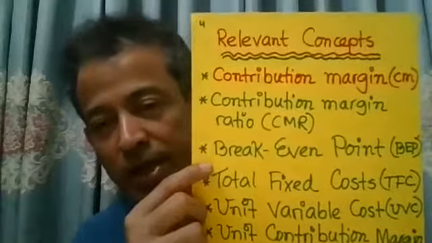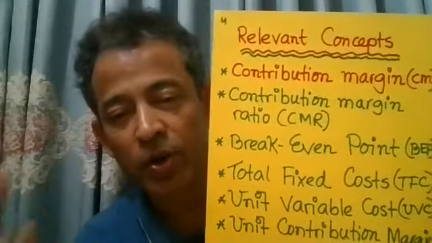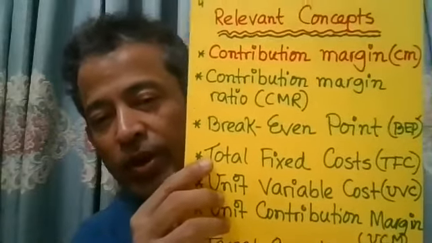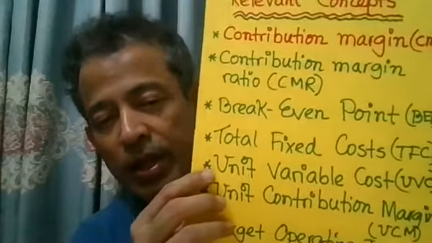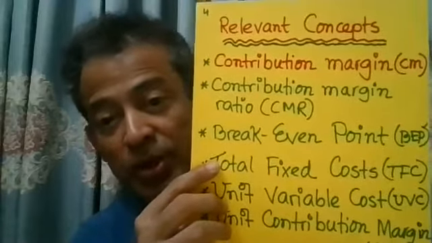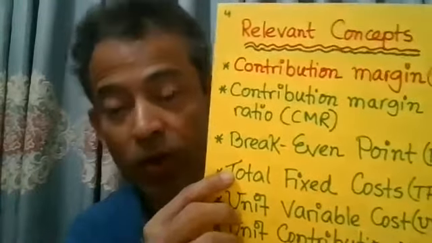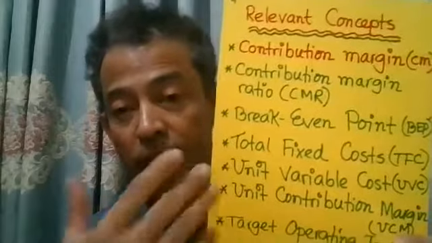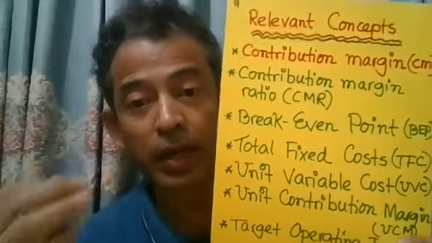Then you have the break-even point, the point at which we don't make any profit or lose anything. We'll look at the formulas later. And the total fixed cost, unit variable cost. See, for fixed costs, we don't use unit fixed costs at all throughout the chapter. So occasionally you're going to just say fixed costs, then assume it to be synonymous to total fixed costs. I try to be careful in not dropping the word total, because in many places we have units, so that people can differentiate and keep it clear in their minds.